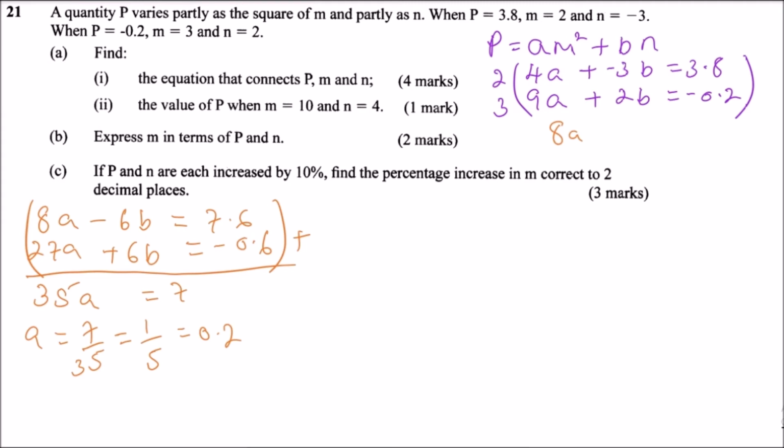So we take 4 multiplied by 0.2 minus 3b is equal to 3.8. So we have substituted in that equation, and when you simplify that, we will take 3b to one side.